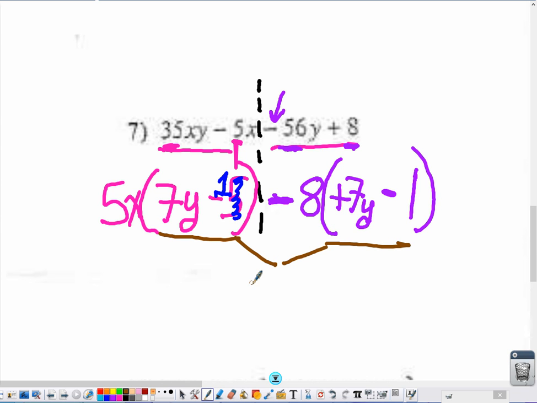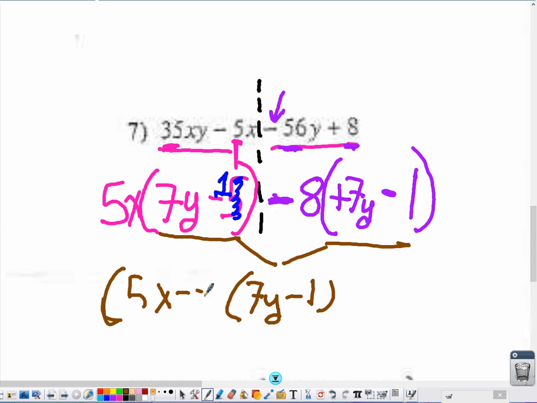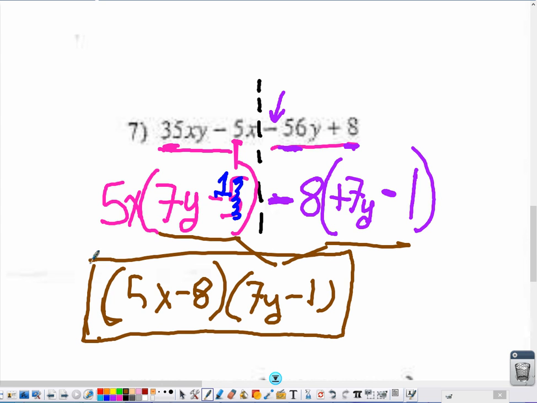Those two combine into 1, 7y minus 1. And my leftovers go in my other set of parentheses, 5x minus 8. So my final answer, I have 5x minus 8 times 7y minus 1.